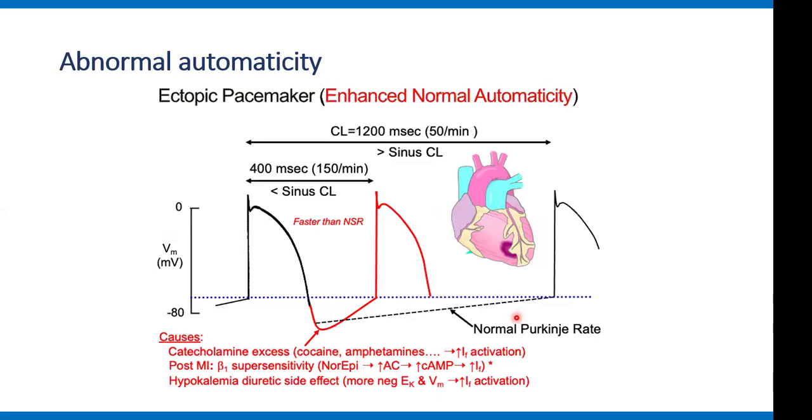Okay, and then this is also another that is happening, and here what we see is actually an ectopic pacemaker activity. Okay, and again, catecholamine excess, like I mentioned, can do that, and then post-myocardial infarction can also do that.